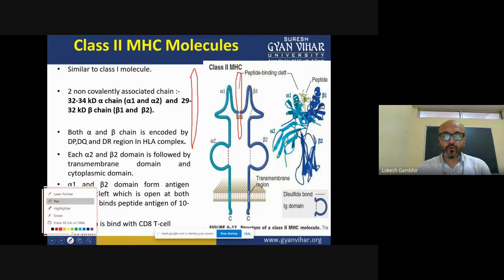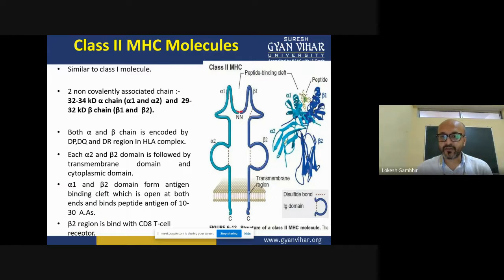Whereas if I close this particular opening, then my peptide or the antigen of this length will not be able to go inside. It will be held in this manner. So the binding of this lengthy peptide will not be tight. It will be loose binding. Fine. So that is the major difference between class 1 and class 2.